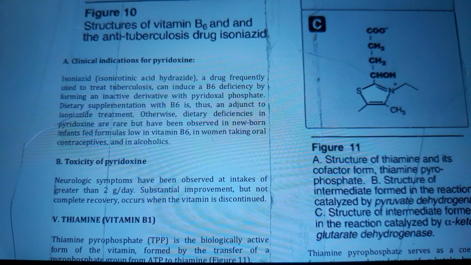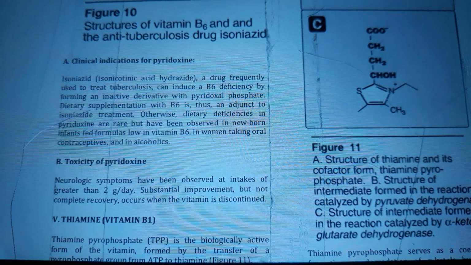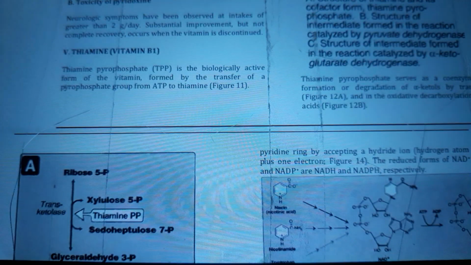Otherwise, dietary deficiencies in pyridoxine are rare, but have been observed in newborn infants fed formulas low in vitamin B6, in women taking oral contraceptives, and in alcoholics. Toxicity of pyridoxine: neurologic symptoms have been observed at intakes of greater than 2 grams per day. Substantial improvement but not complete recovery occurs when the vitamin is discontinued.